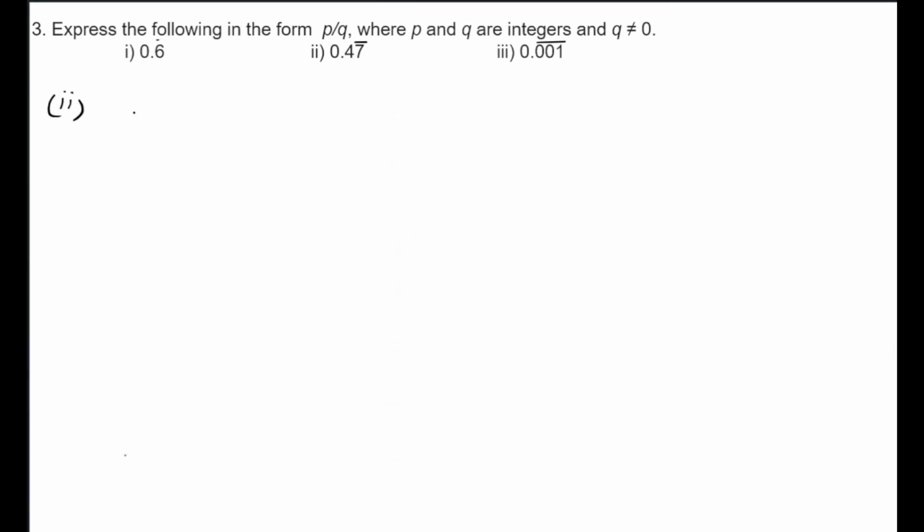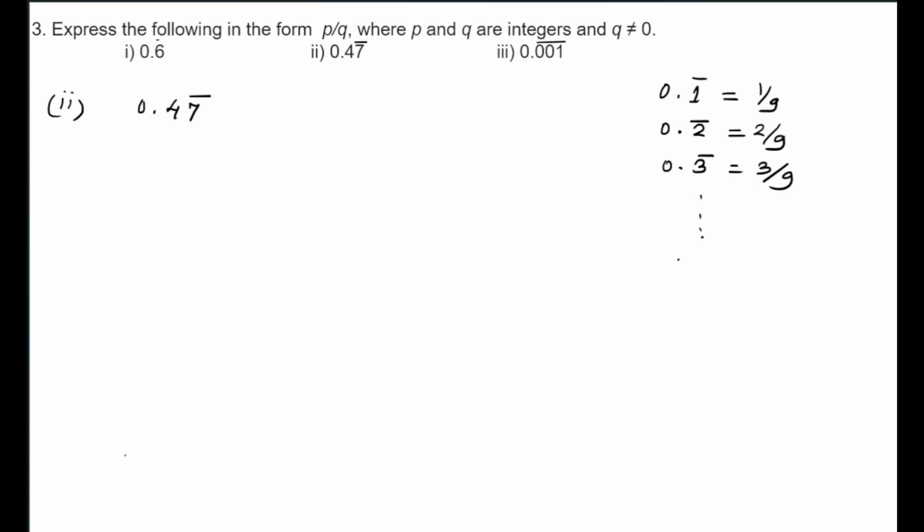Number 2, it says 0.47 bar. Now this question is little different from the first one. For solving this question, let us have an idea that 0.1 bar is equal to actually 1 by 9. 0.2 bar is equal to 2 by 9. 0.3 bar is equal to 3 by 9.